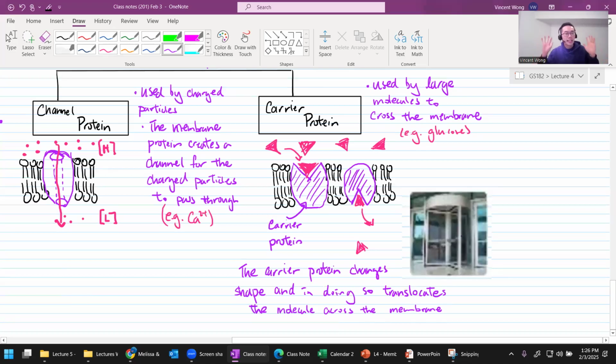Once again, this does not require energy. It's going from high concentration to low concentration. It's going through the revolving door, either into the cell or out of the cell.